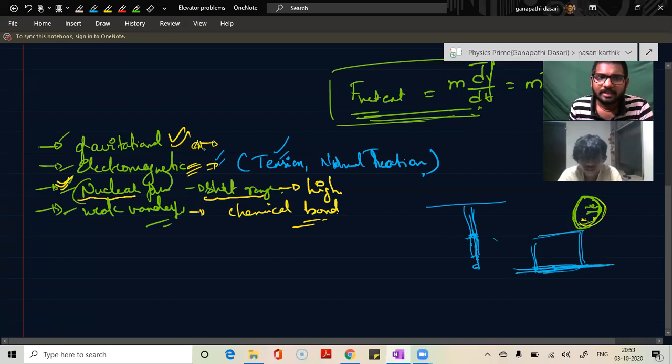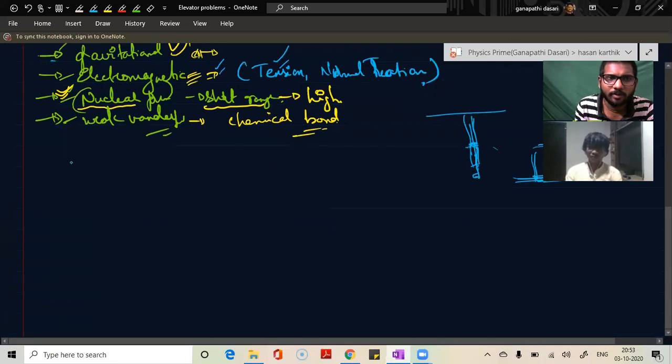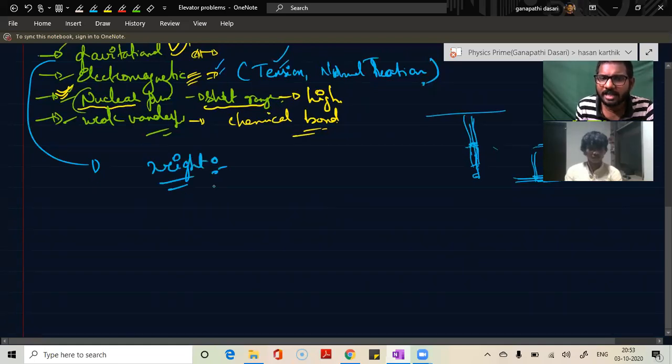Then gravitational force, in this topic we'll have an example of weight. Because of gravitational force, we get a concept called weight. What is weight force? Tell me. mg. Here we consider mg, but actually in gravitation we'll understand this g varies with height.